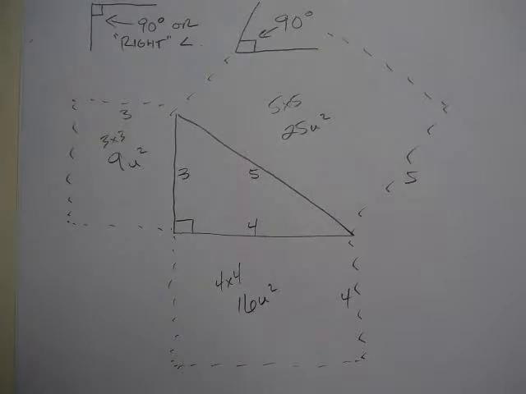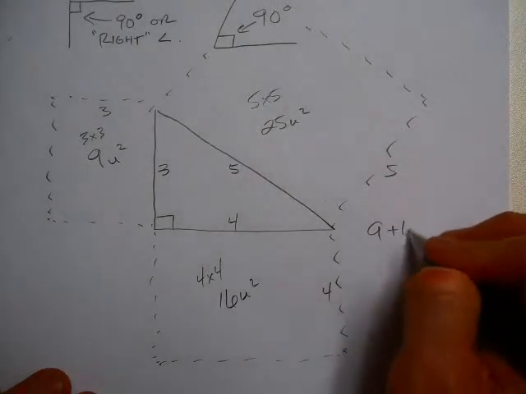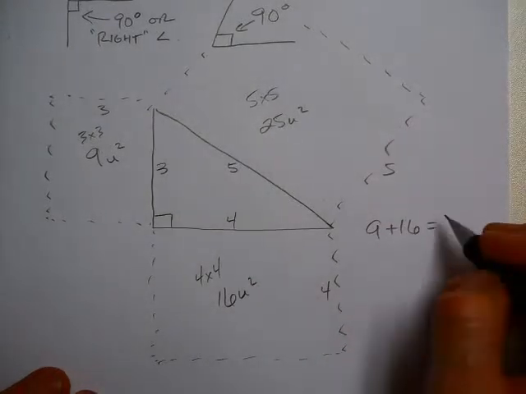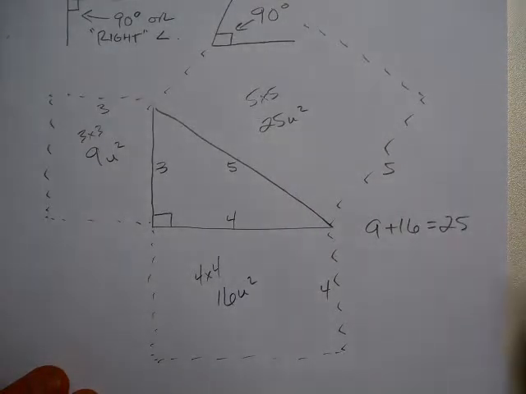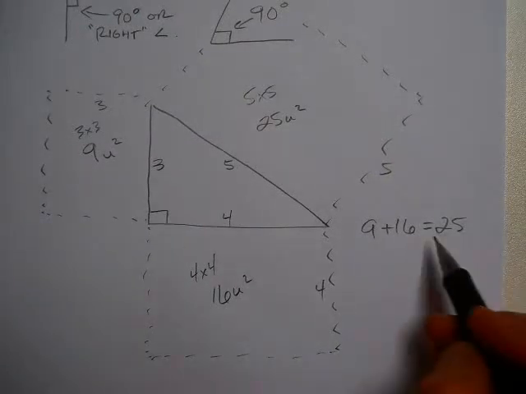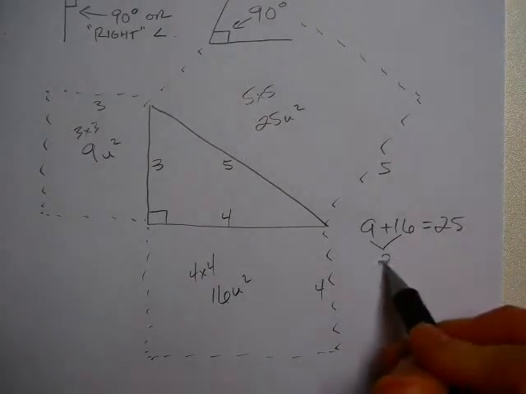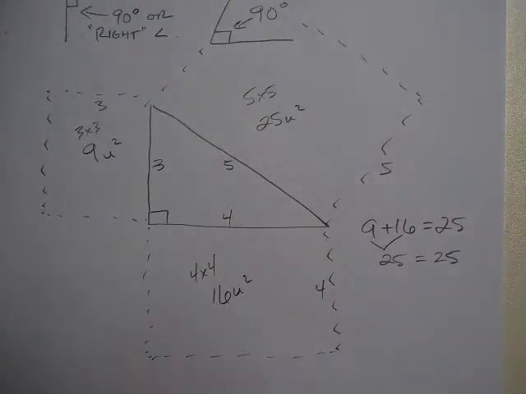So he noticed that if he added the areas of the 2 small boxes, it gave him the area of the big box. So 25 equals 25.